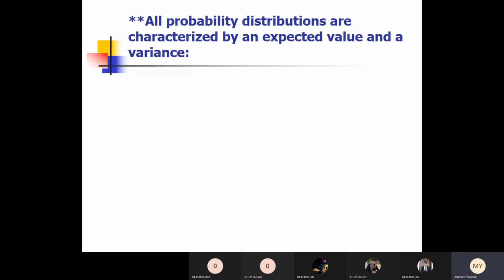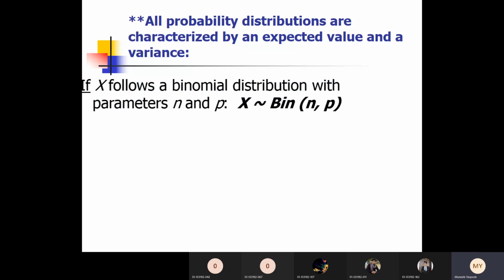Similarly, the mean for grouped data was computed by the formula summation fx upon summation f. Similarly, the mean for a probability distribution table was computed using the formula summation x into probability of x. So now, if we are interested in calculating the mean of a binomial distribution, it is a very simple procedure. You can easily compute the mean of a binomial distribution or a Bernoulli experiment using the formula n into p.